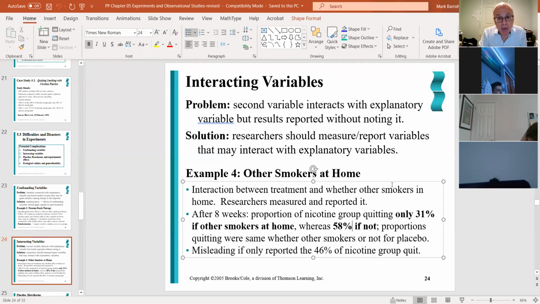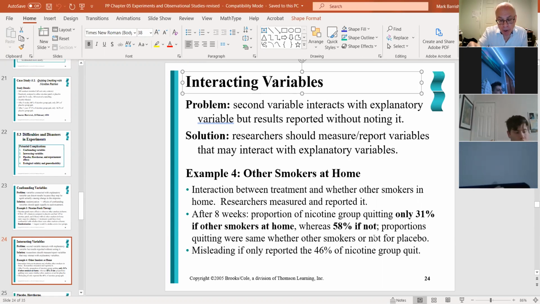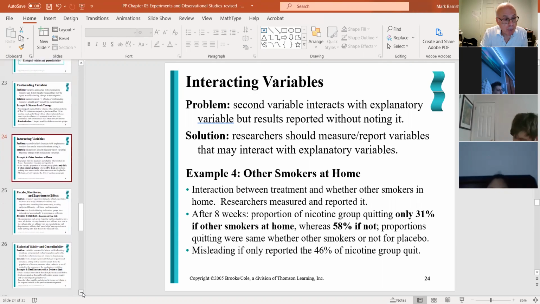So sometimes you need to have an explanation about variables that interact with each other, in terms of what happens with one type of interaction and what happens with another. That's what is being shown here. Interacting variables can obviously have an effect on the results.